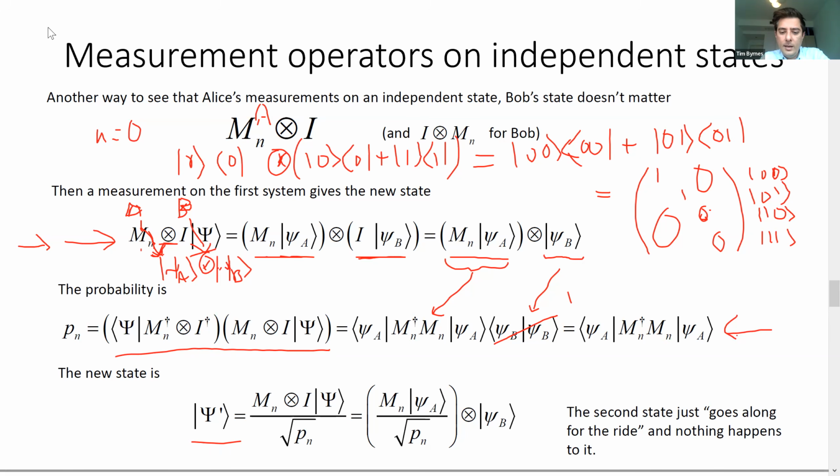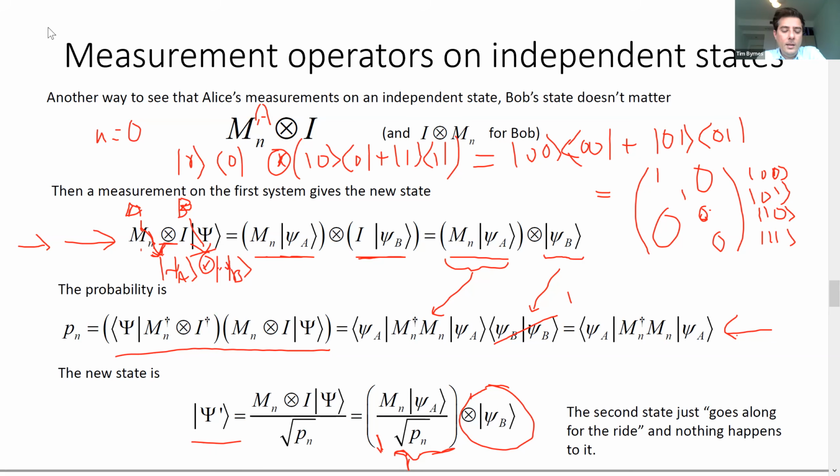And what you see here is that nothing really happens to Bob's state. It just goes along for the ride, and you still have that there at the end, but all the action is taking place on Alice's side here, and this is what we already saw previously with the single system case.